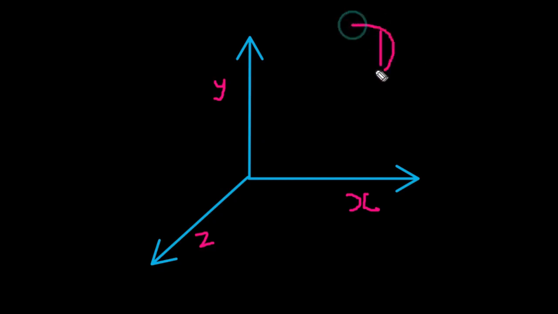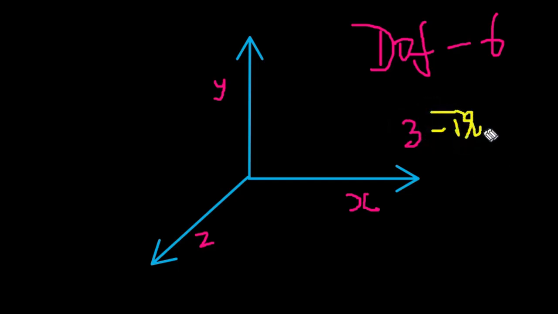So a DOF means, we have a total of 6 DOFs, so 6 degrees of freedom. 3 are translation and 3 are rotation. Translation along x, y, z.